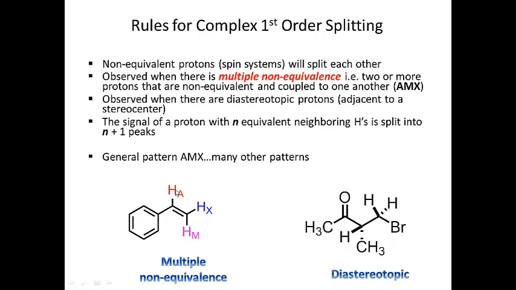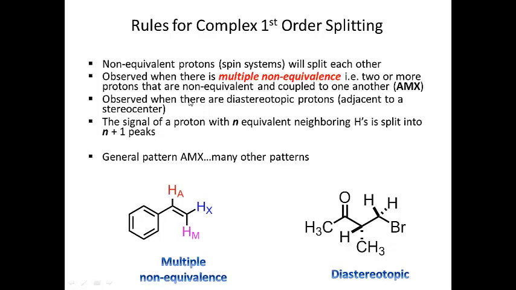So here, this proton is going to split with X and with M. We call that type of system an AMX. This HX is going to split with A and with M. And then M would split with A and with X, and so each one of these is going to have its own unique splitting pattern.